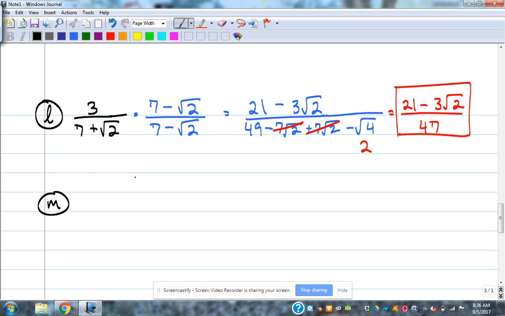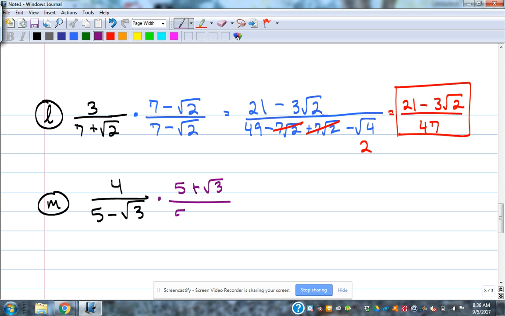Let's say we had 4 over 5 minus radical 3. So we have addition or subtraction in the denominator with a radical. So we're going to use the what? Conjugate. And the conjugate of 5 minus radical 3 would be 5 plus radical 3.